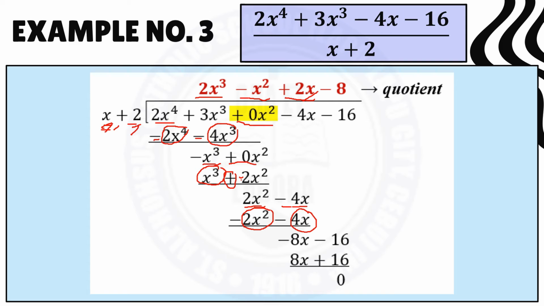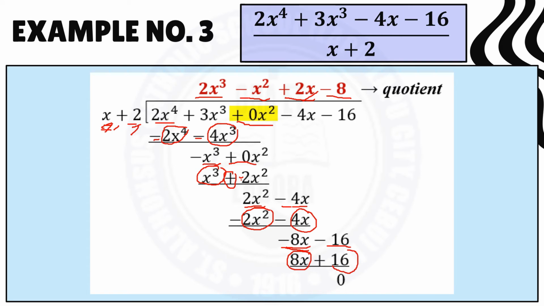Combine similar terms, so we have negative 8x, bring down minus 16, then divide again negative 8x with x, that's why you have minus 8. Multiply negative 8 with x, that's why you have negative 8x. It becomes positive here since we changed the sign from negative to positive. The negative 8 times 2.